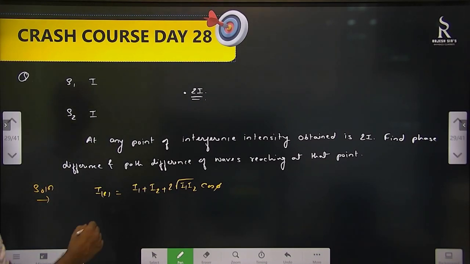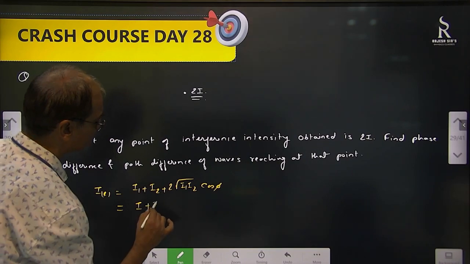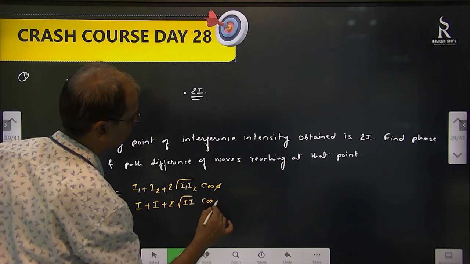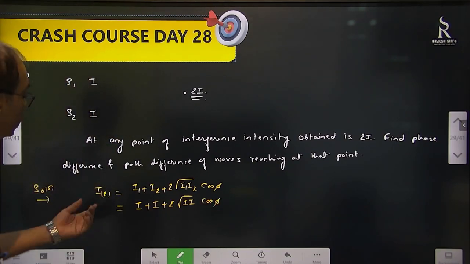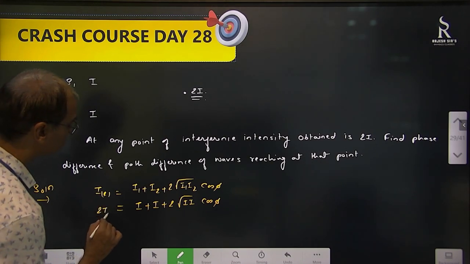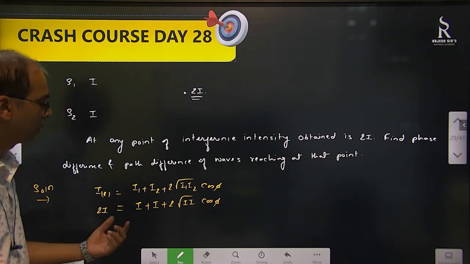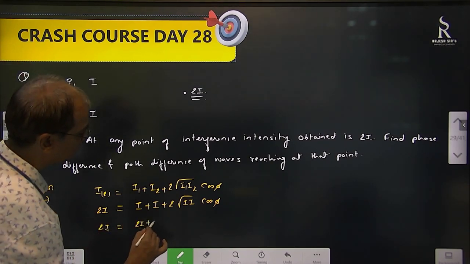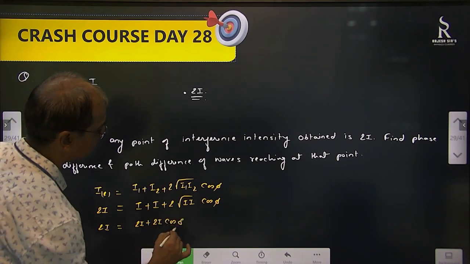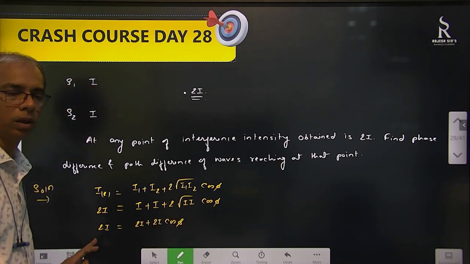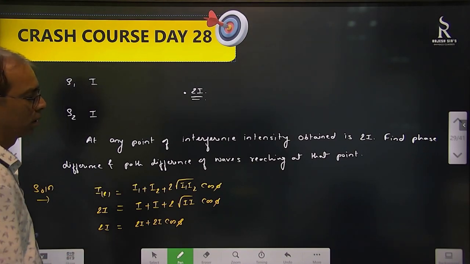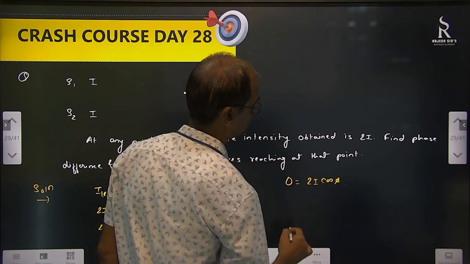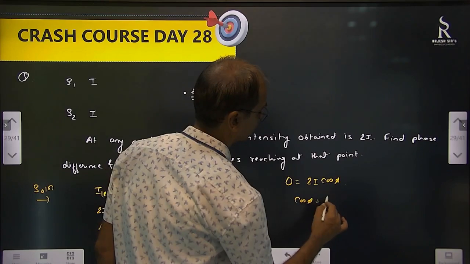This is I, this is also I, and here I into I, and this is cos phi. But resultant intensity is also given as 2I. So this is 2I, here also 2I, and this is 2I cos phi. This 2I will come over here, it becomes 0. So 0 equal to 2I cos phi. That means cos phi is 0. Cos phi 0 means phi is 90 degrees.